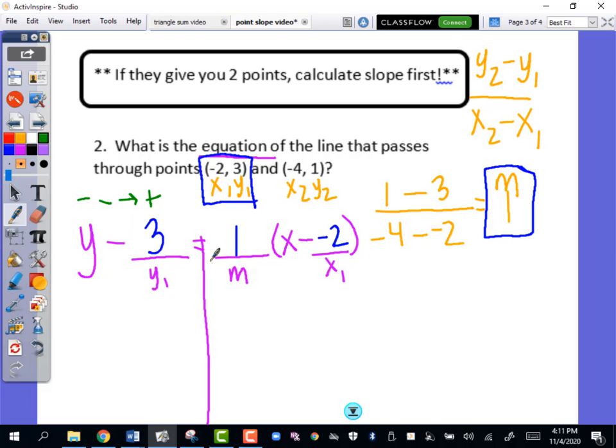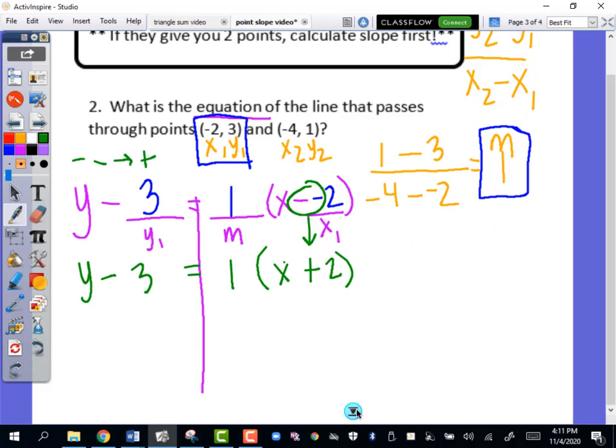Nope, that's good, because that's just minus, not minus minus. Over here I have minus minus, that's gotta change. So now that's a plus sign. So now I'm gonna rewrite everything. y minus 3 equals 1 parentheses x plus 2 close parentheses.